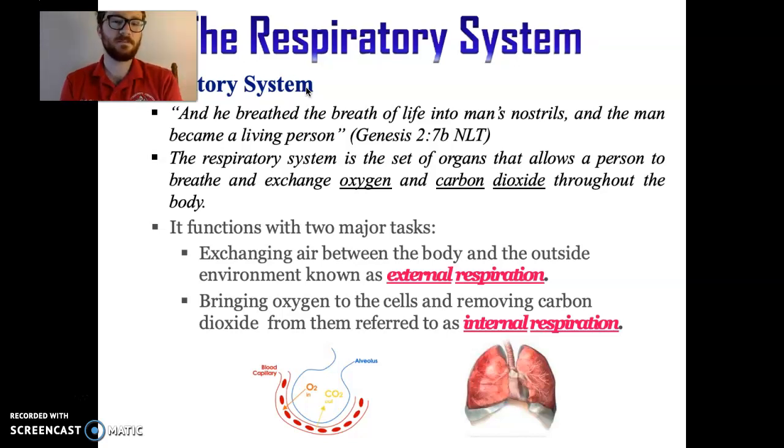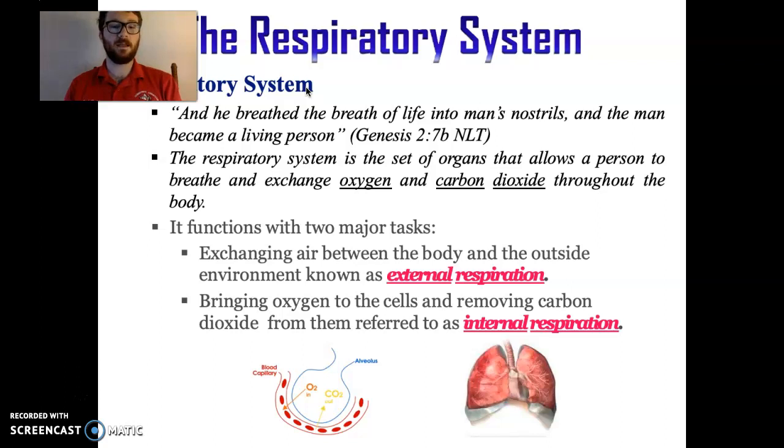The respiratory system is a set of organs that allows the exchange of oxygen and carbon dioxide throughout the body. It functions externally and internally. The external function is the actual exchanging of air. So it's where you steal the environment's oxygen and you give back carbon dioxide.